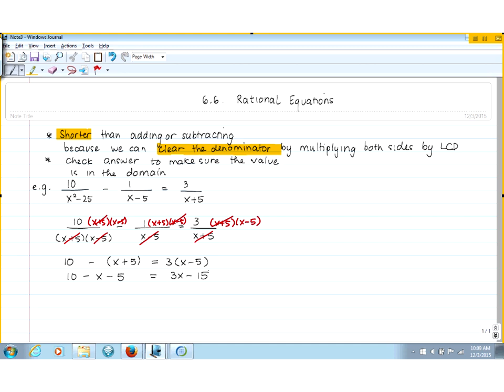So, can you solve this? Of course, right? Negative x plus 5 is equal to 3x minus 15. So what do you do? Bring the x to one side, the number on the other side. This is not quadratic. This is linear. So you add x to both sides. Okay, so 5 is equal to 4x minus 15.